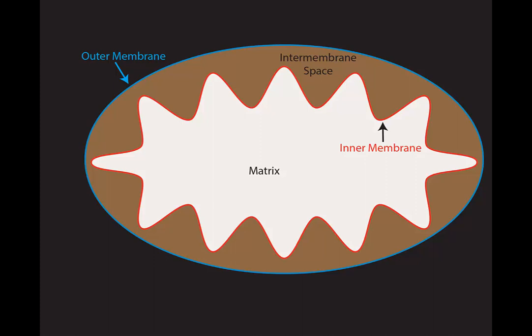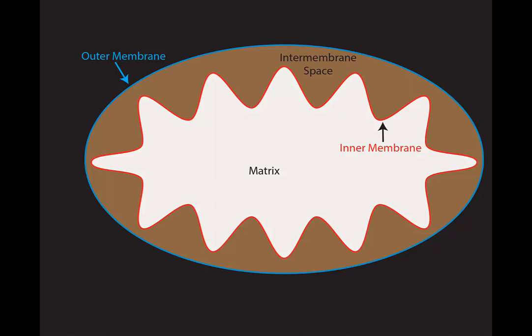Another really important feature of the inner membrane is that it contains a high amount of folds, which create these invaginations, or these kind of like grooves when you look at it. And the reason for this is that it increases the surface area of this inner membrane. And that actually plays a really, really important role when we think about the chemistry that happens on this membrane.